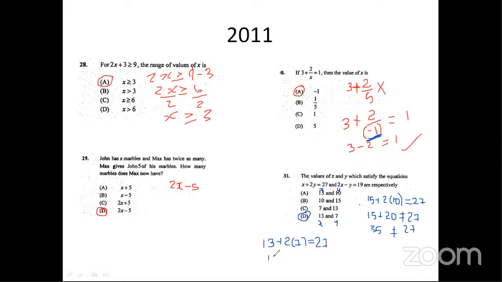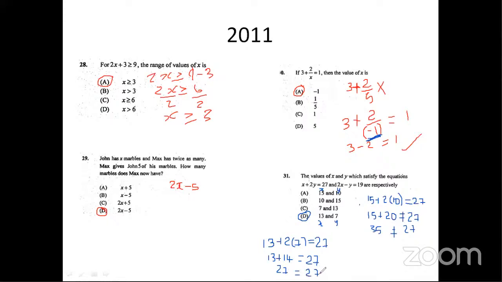So we now have 13 plus 2 times 7, which gives us what? 14. Do we see where it is definitely going to be 27? Yes, miss. 13 plus 14 is 27. So it works for our first equation.